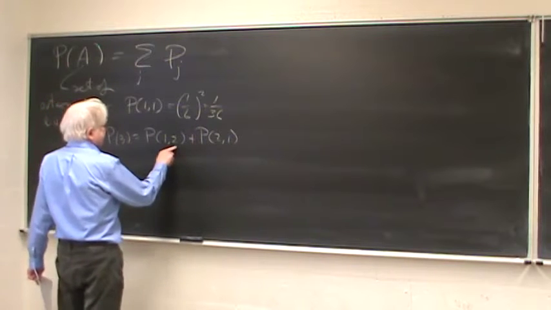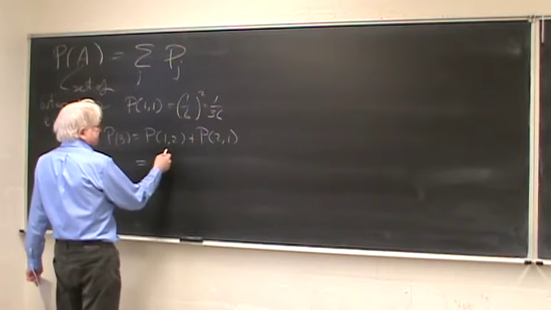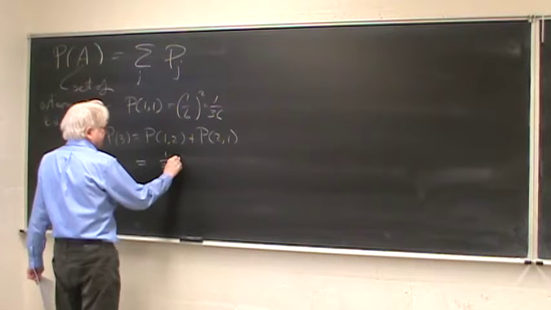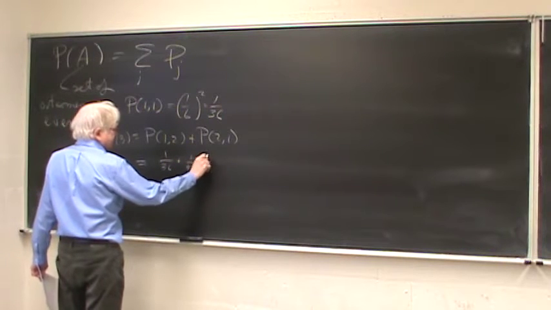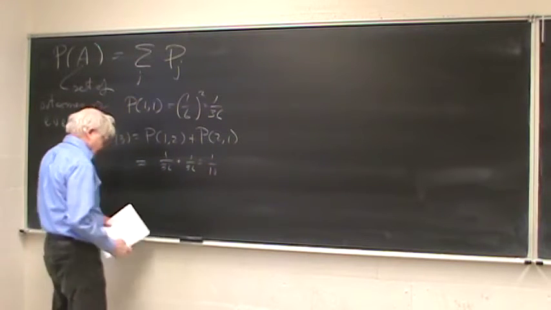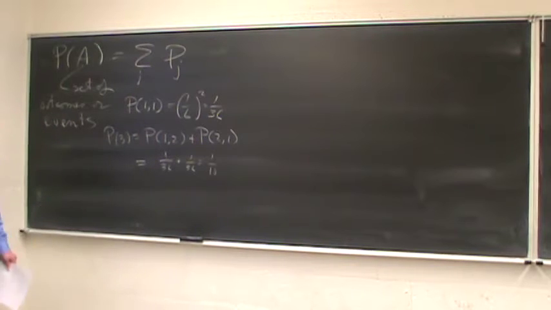In each case, this is 1/36 plus 1/36, so this is 1/18. So let's just warm up to familiarize you, to wake up the neurons that are relevant to this outcome.